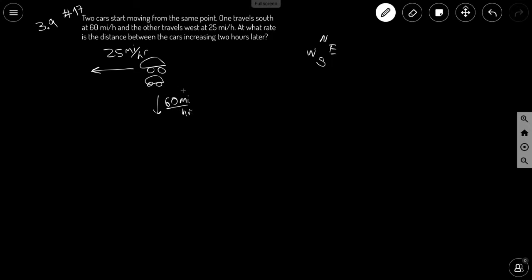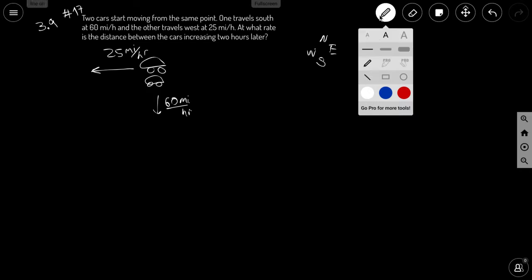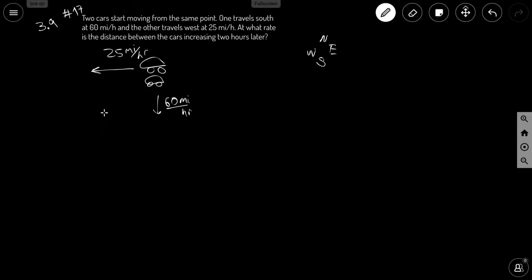So this is shaping up to look like a triangle. I'll go ahead and draw the triangle out.